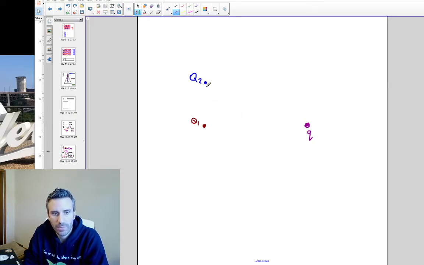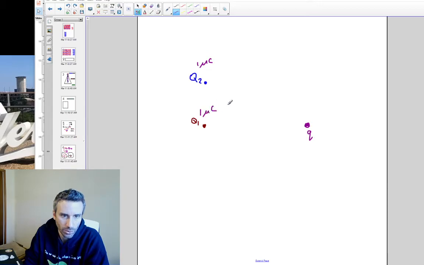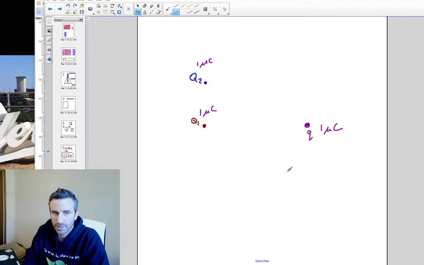So here, maybe what I would do is I would say, okay, how much force is going to be on my test charge, where all charges have a charge of 1 microcoulomb. So this one is 1 microcoulomb, this one is 1 microcoulomb, and the test charge is also 1 microcoulomb. Okay? Now, a couple things I need to say.